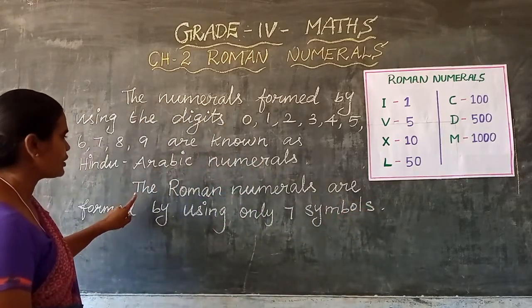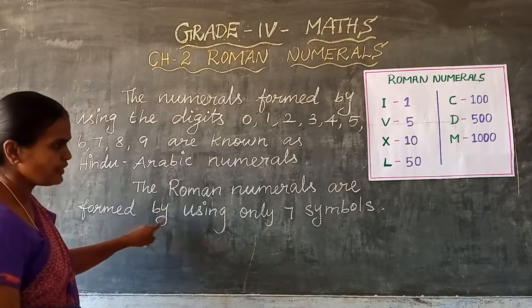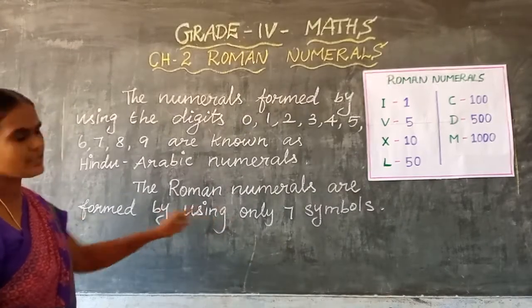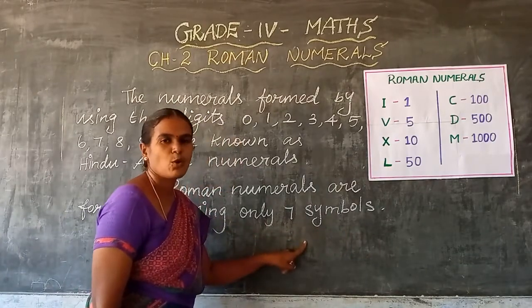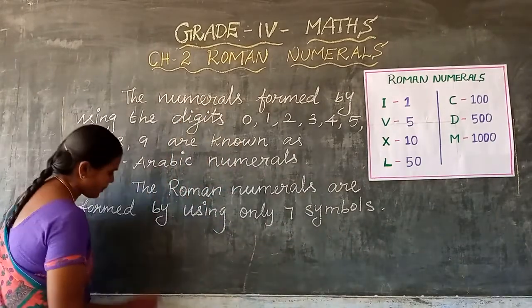The Roman numerals are formed by using only 7 symbols. How many symbols? 7 symbols. What are those 7 symbols?